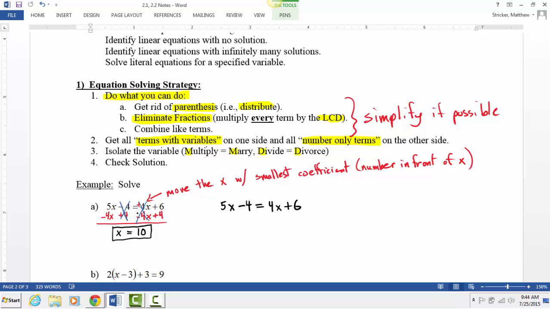And this is kind of the phrase I like to remember. I call it change sides, change signs. Has a little bit of a ring to it. Change sides, change signs.